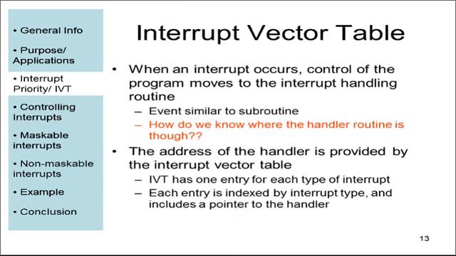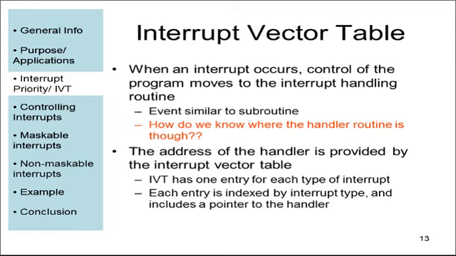The next is the interrupt vector table. Whenever an interrupt occurs, the control of the program moves to the interrupt handling routine. How do we know where the handler routine is stored?